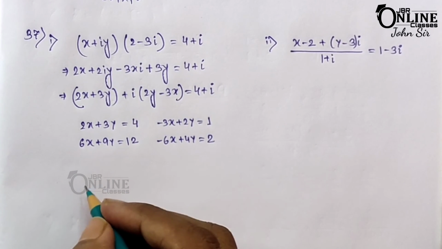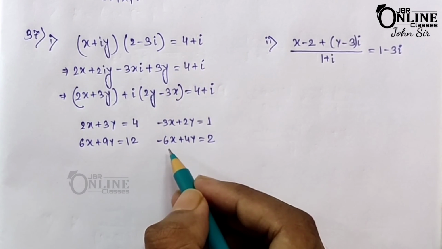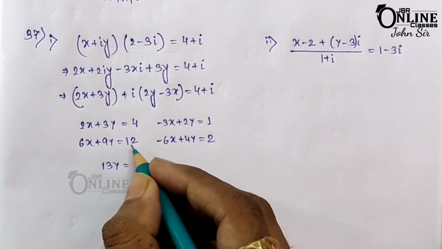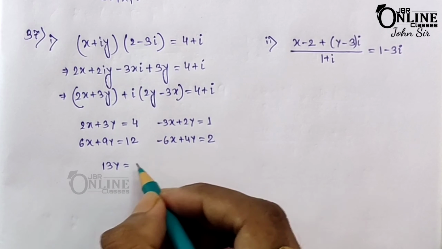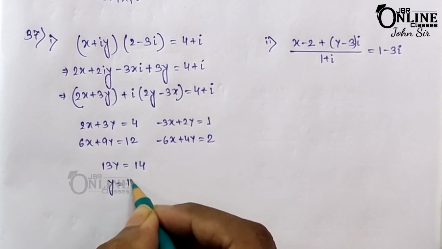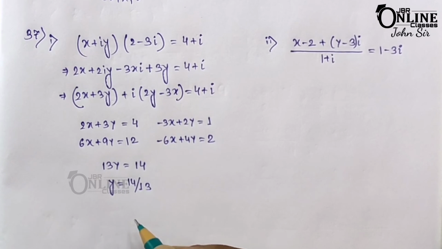Now if you add these two equations, 6x will be cancelled out, so 9y plus 4y equals 13y, and 12 plus 2 equals 14. So from that y equals 14 by 13.